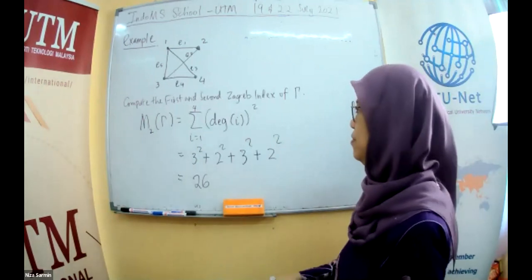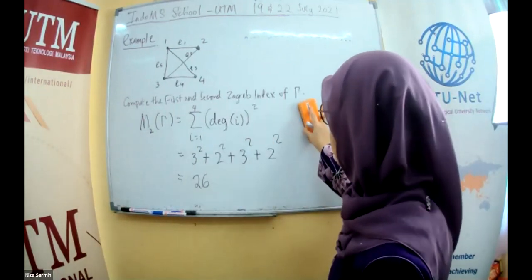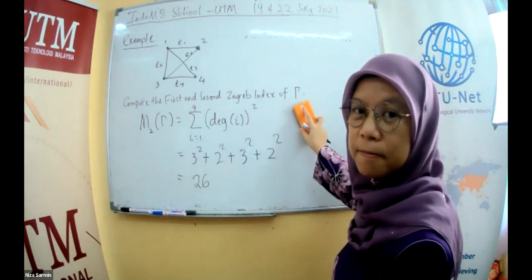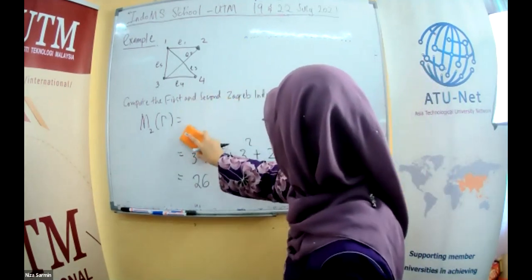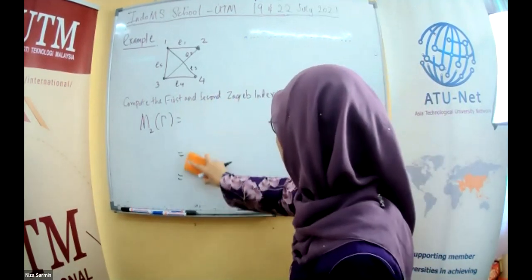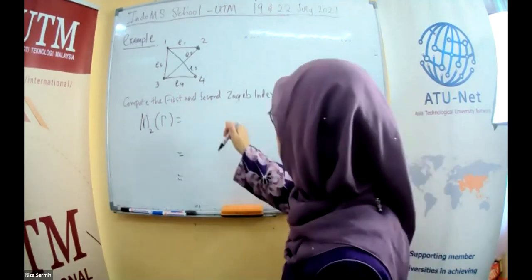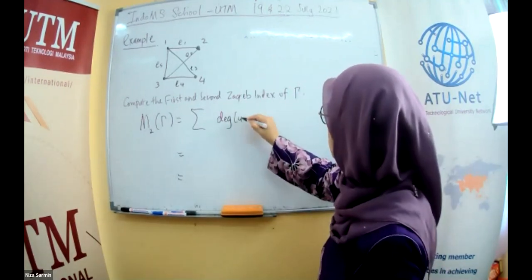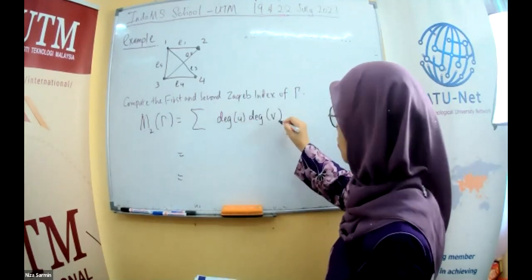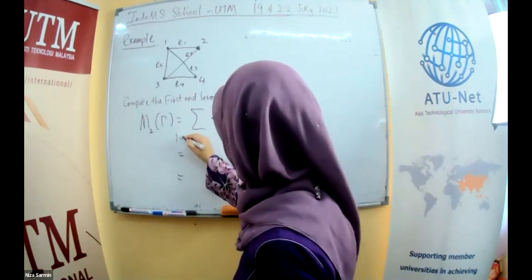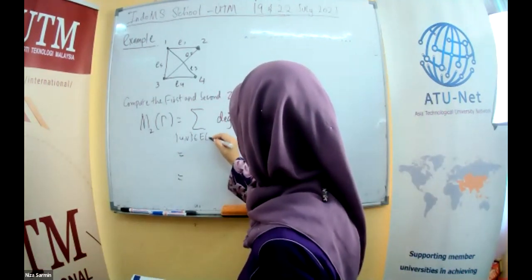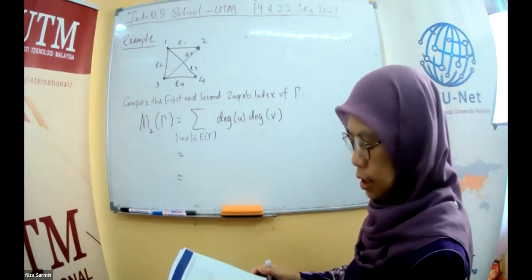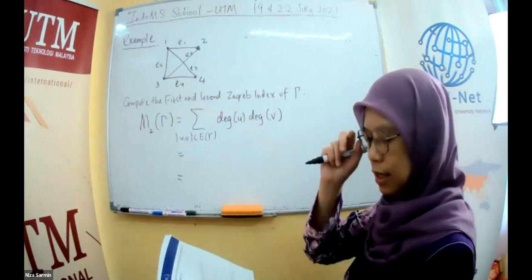A little bit longer than the first one. Okay, so it's the sum of the degree U, degree V, in which UV is in the edges. So we have to choose for every single edge.